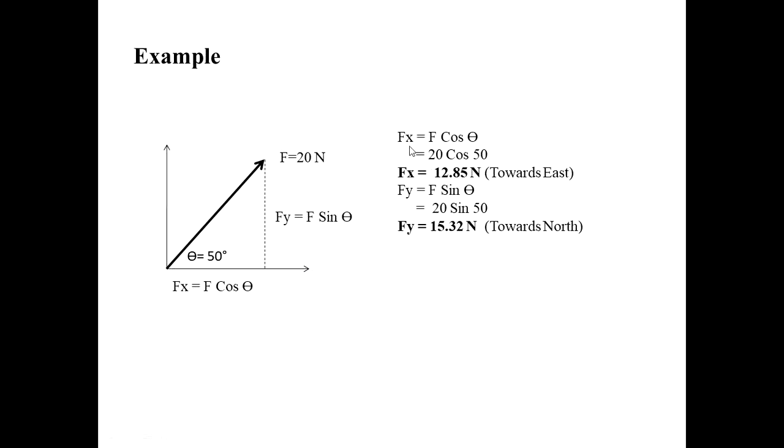First we calculate Fx is equal to F cos theta. F will be 20 and the angle 50. So 20 cos 50 gives Fx equal to 12.85 Newton towards the east direction. This x component is going towards the right side.